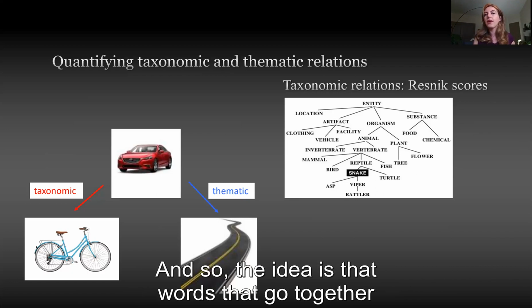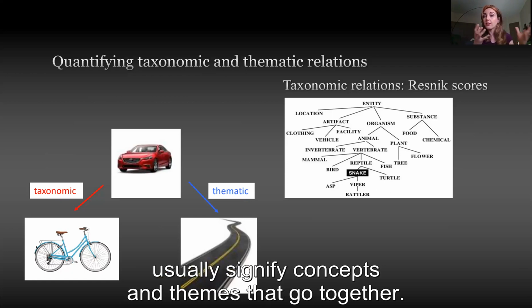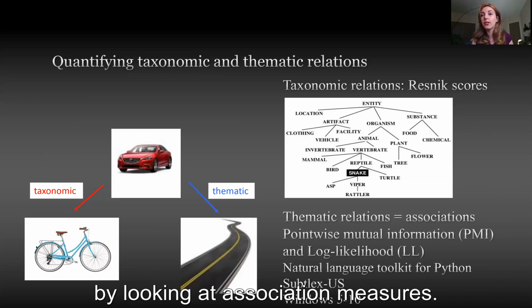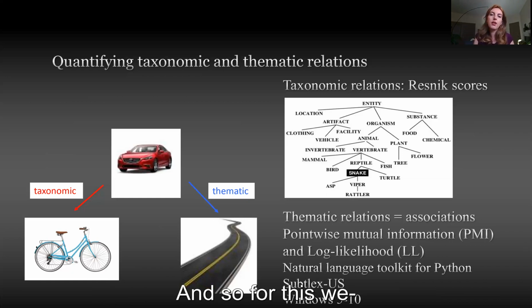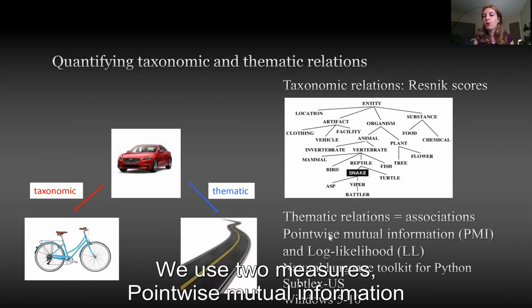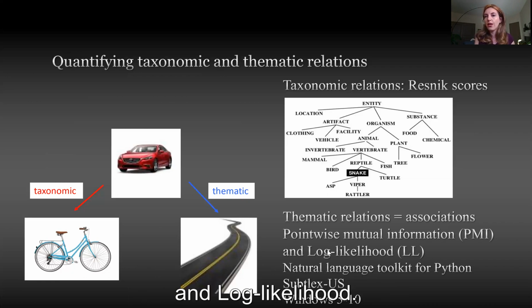And so the idea is that words that go together usually signify concepts and themes that go together. So the best way to quantify thematic relations is by looking at association measures. There are a number of ways to quantify associations. We use two measures, pointwise mutual information and log likelihood.